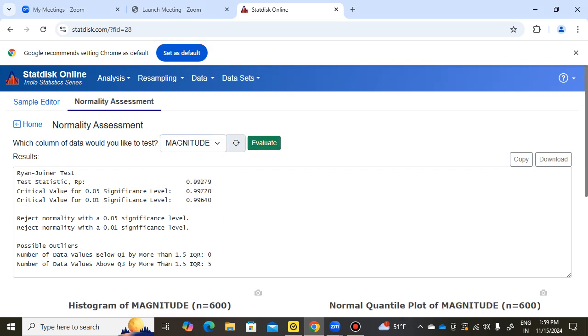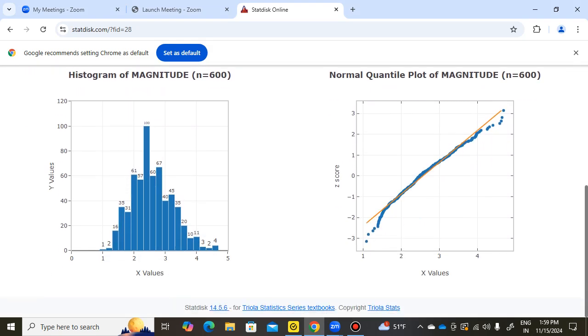Okay. The histogram is close to a bell curve. For the normal quartile plot, it's close to the line, but not at the ends.